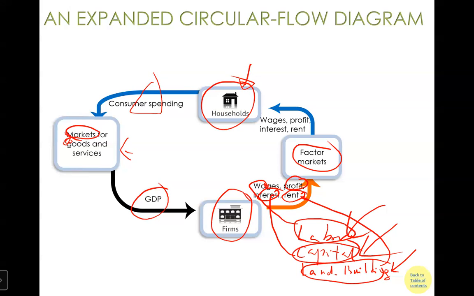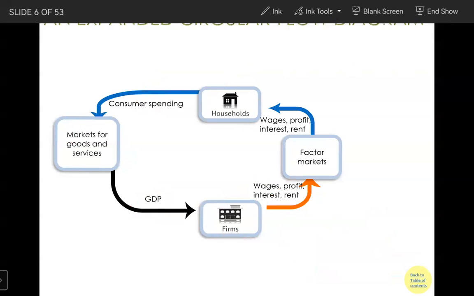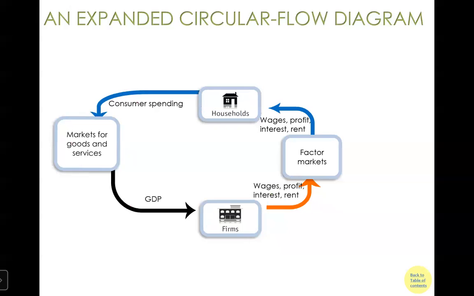Okay? So if we keep track of all the income, those are the income, right? So this is the income from the standpoint of households, right? Because households are going to sell, quote unquote, their labor, right?